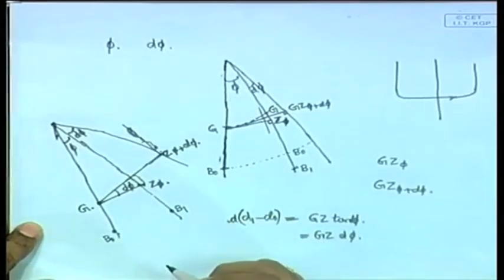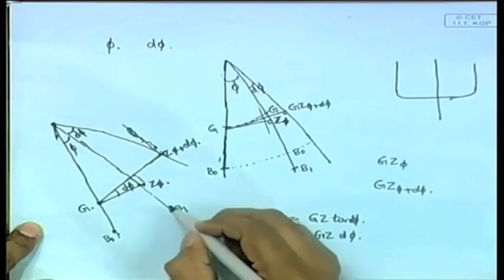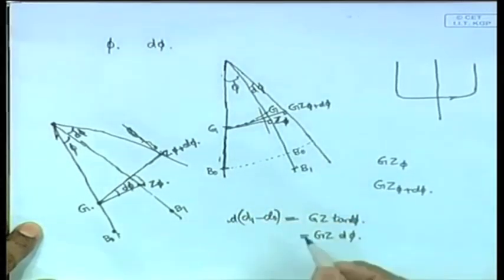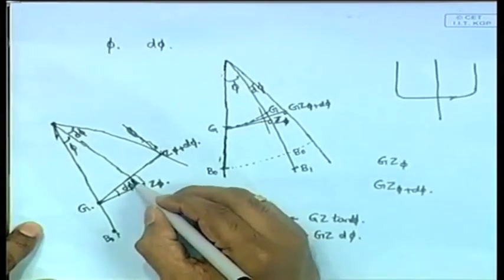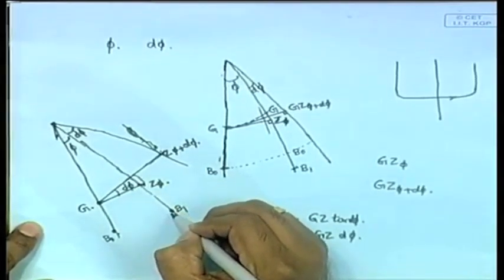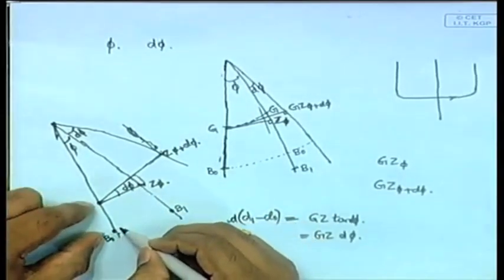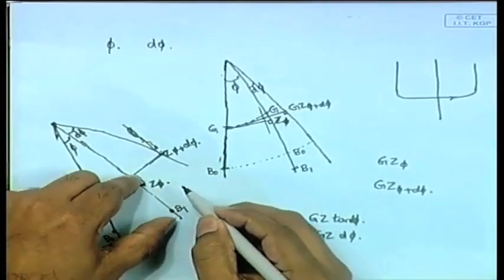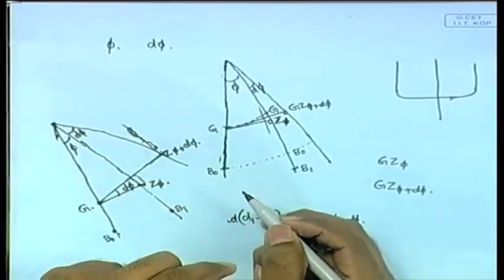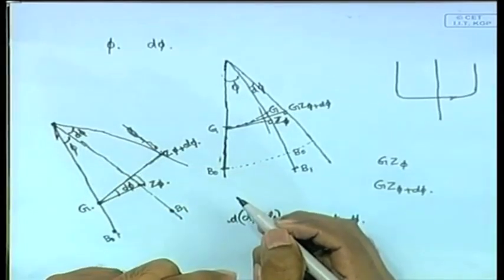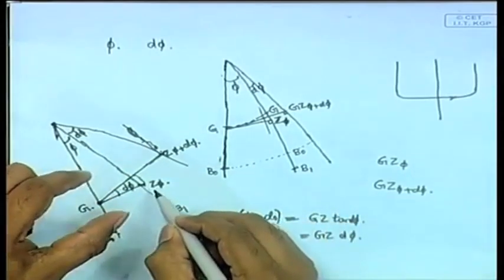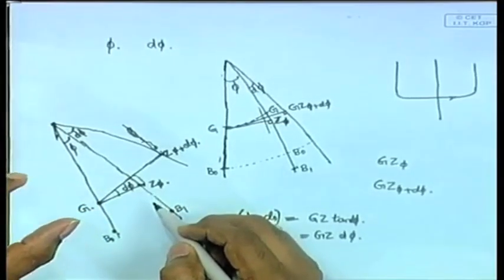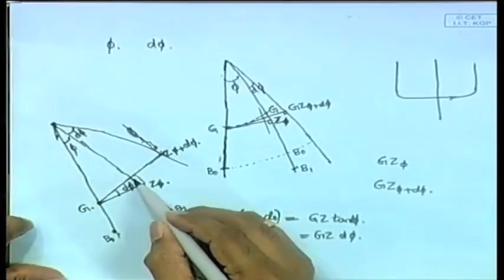If G comes here somewhere, this distance is d0; it moves by a slightly moved distance d1 minus d0, and Z moves by the same distance. So this distance will give you d1 minus d0.